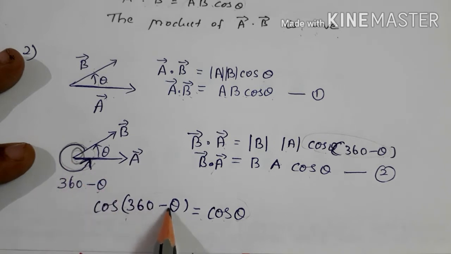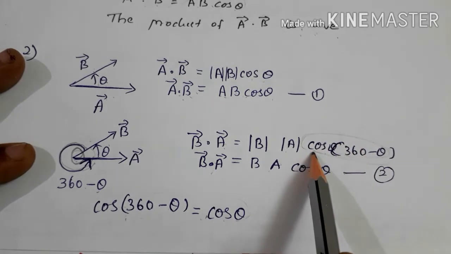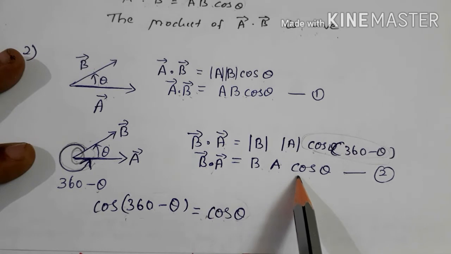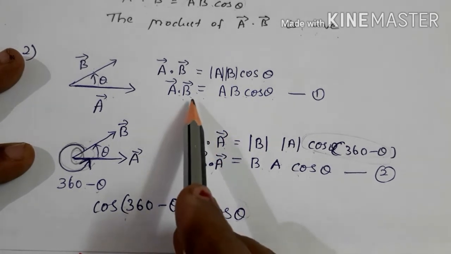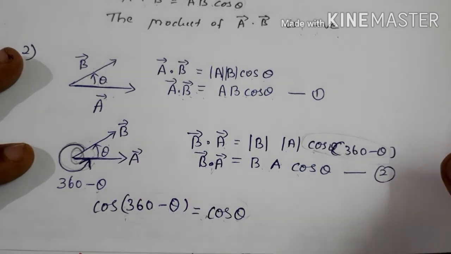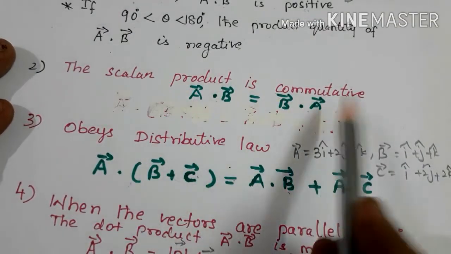Cos 360 minus theta is cos theta, right? So instead of this, you can write cos theta. So B vector dot A vector is also equal to BA cos theta. You can see that A vector dot B vector is equal to B vector dot A vector. That is what the commutative property implies. The scalar product is commutative.